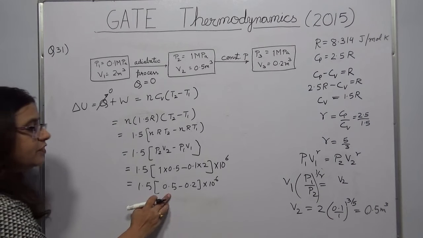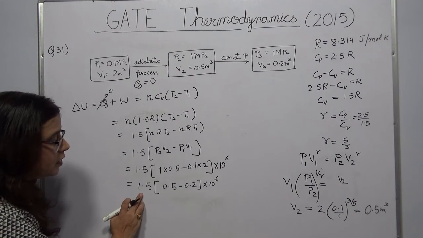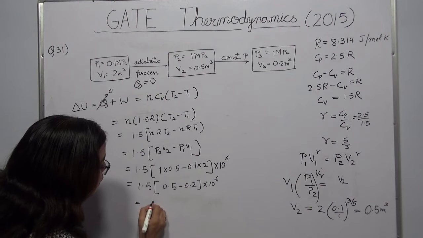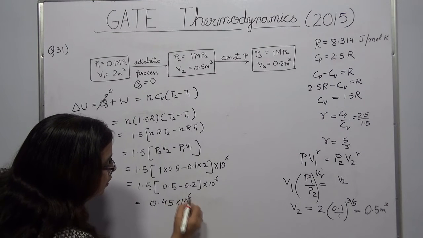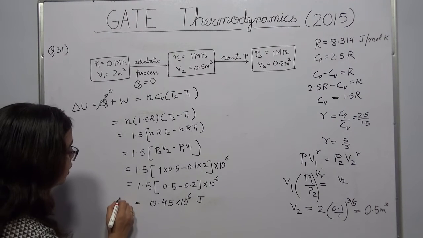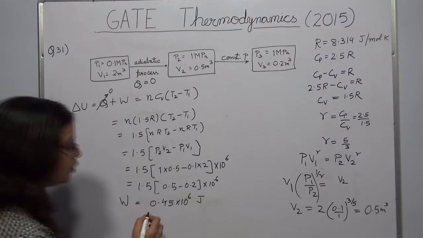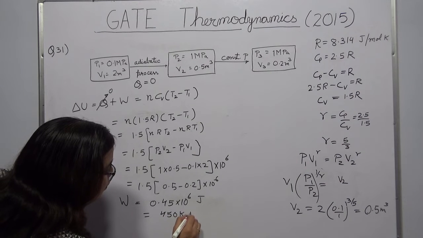So what is 0.5 minus 0.2? That is 0.3. If you multiply it with 1.5, you get 0.45 into 10 raised to 6, which is in joules. Since they have asked you to calculate the work done in kilojoules, I will write this as 450 kilojoules.